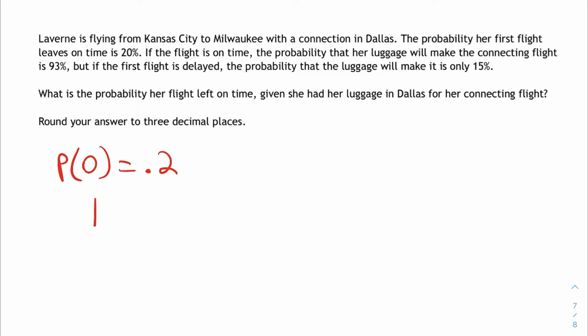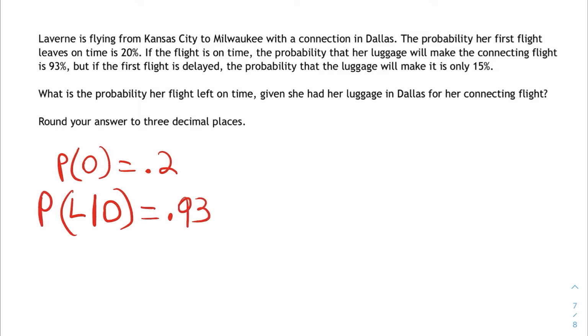So we're conditioning on it being on time. If it is on time, then the probability of her luggage being there is 93%. So the probability of having her luggage, L, given on time, is equal to 0.93.